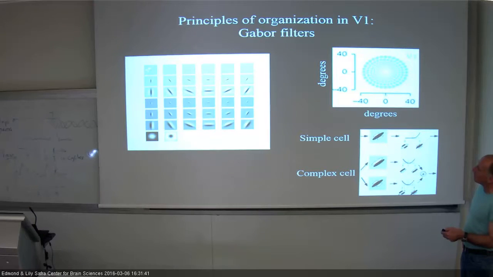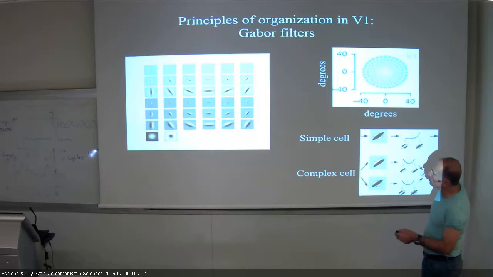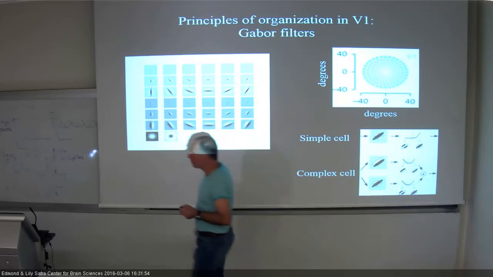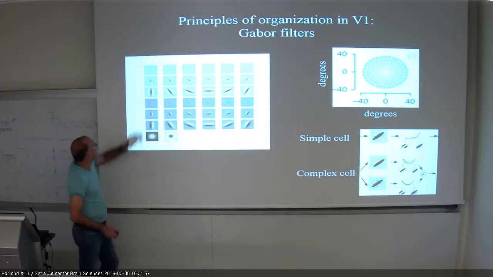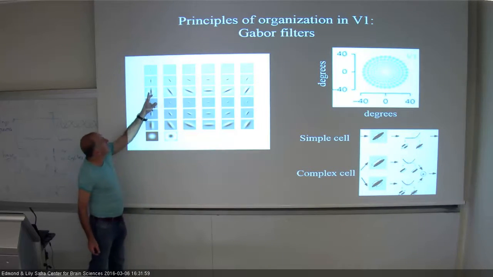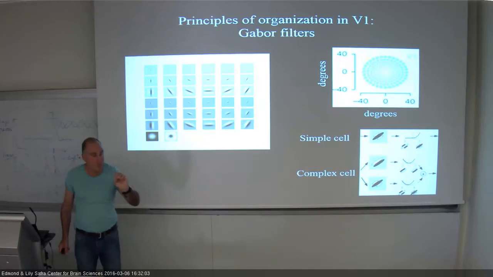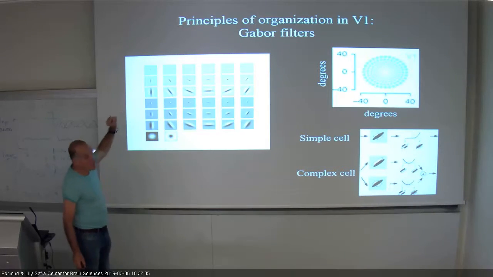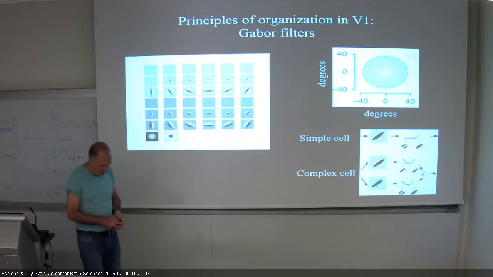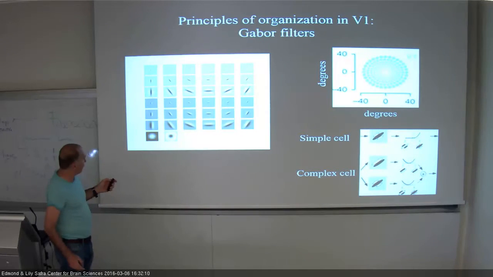As you move here, these are all tuned to the same orientation, but as you move from this one to this one to this one, the frequency becomes bigger. The spatial frequency is becoming bigger, although we're drawing only one cycle in each of them. And as you change here, what you change is the orientation.